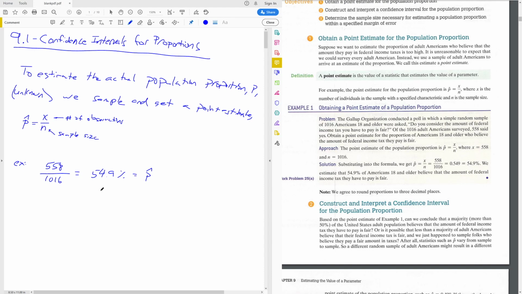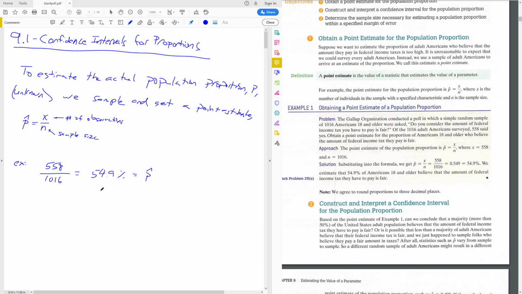The idea is that if we do this enough times, we would eventually get to the actual population parameter. That's what we were talking about with the sampling distribution of proportions, because we're doing a bunch of samples. That's not really practical, though. What's practical is to do one sample.